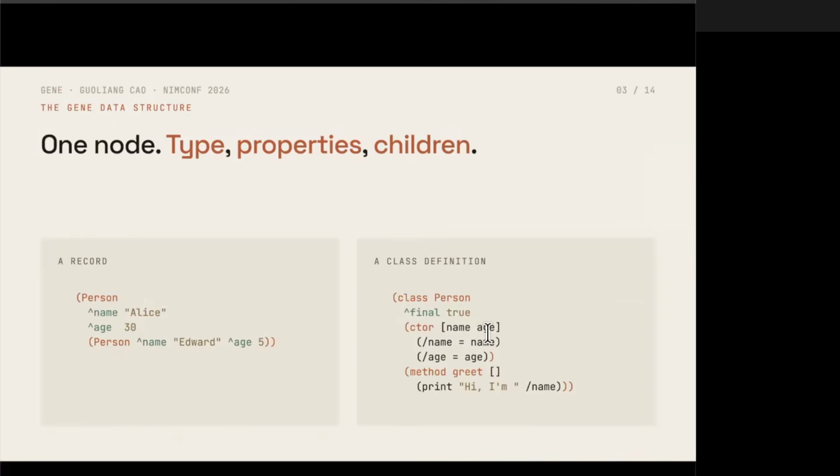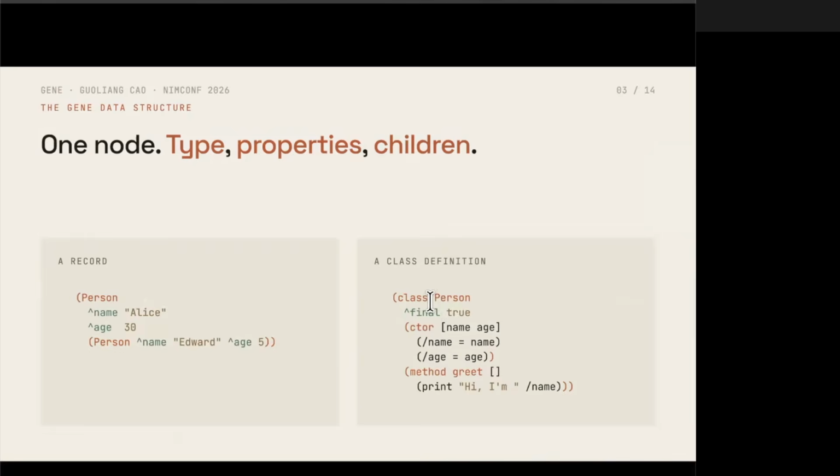On the right side, in this class definition, its type is class. Class is a keyword, and person is actually the first child of this data. You also have properties. Here we have one property called final, whose value is true. As you may have noticed, the location of the property can be anywhere in the Guoliang.